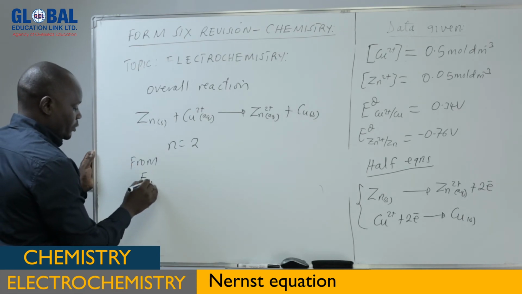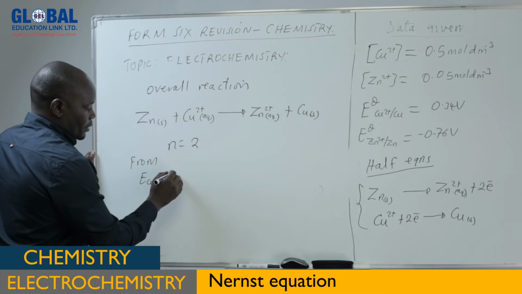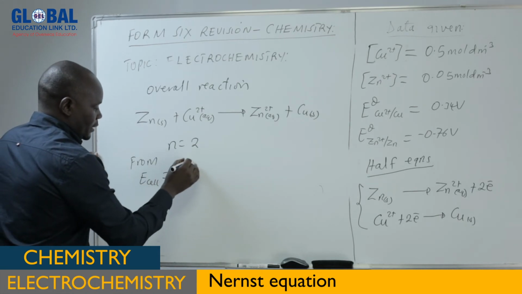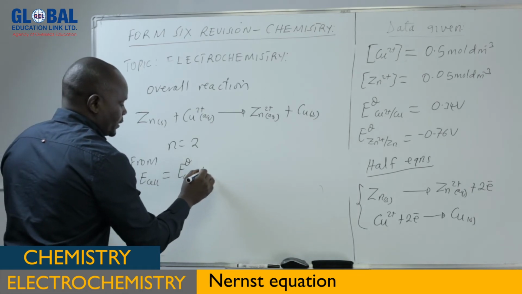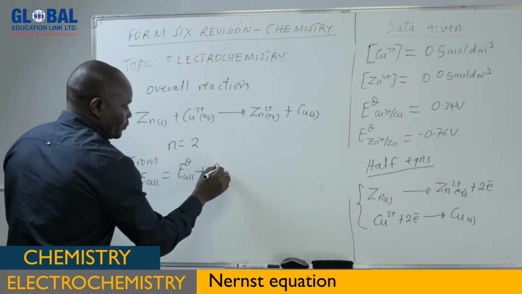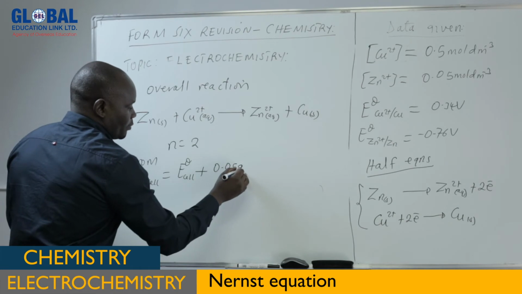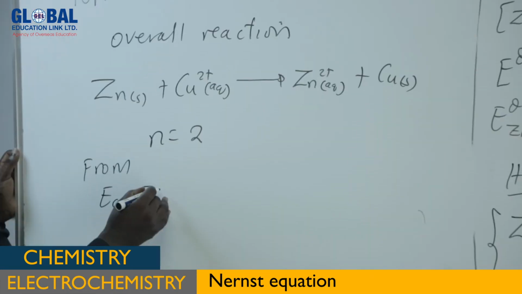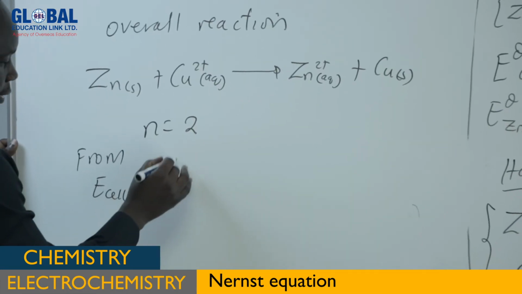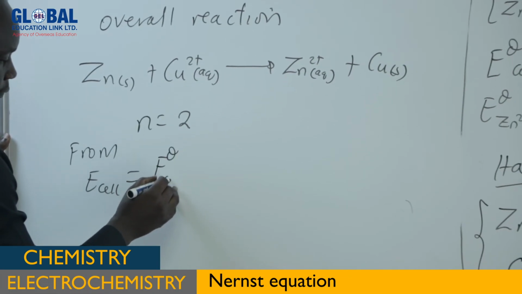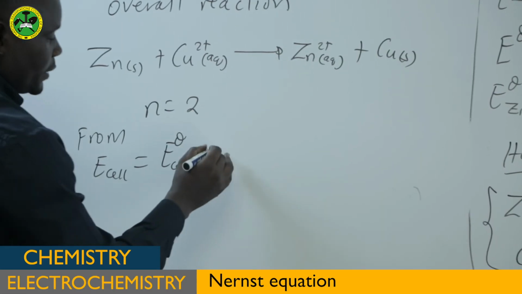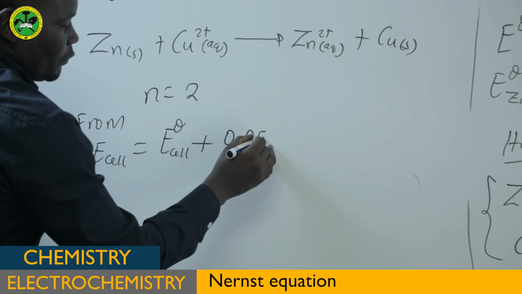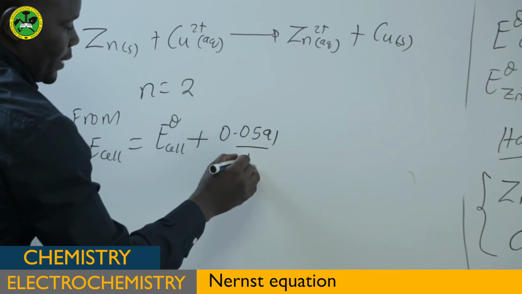So from the next equation, the EMF of a cell is equal to the standard electrode potential, minus or plus, let us use plus, 0.0591 over n. Now n given there is 2, then times log of the reduced species, which is copper, and the concentration of copper here is 0.5.